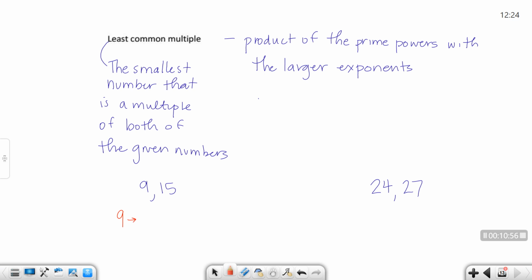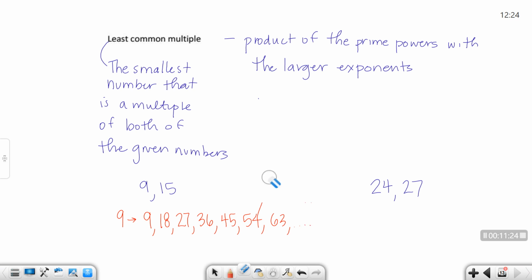I'm going to take the number 9, and instead of looking for factors of 9, those would be smaller numbers that go into 9, I'm looking for multiples of 9. So that means go out your 9 multiplication table. 9 times 1, 9 times 2, 9 times 3, 9 times 4, 9 times 5, 9 times 6, 9 times 7, and so forth.